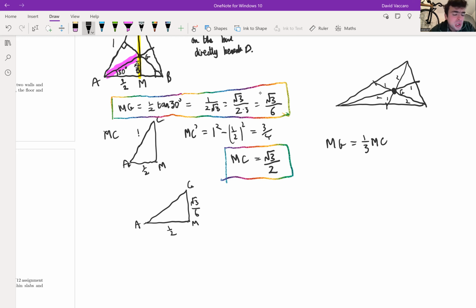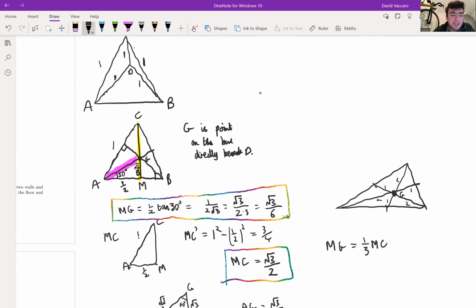We could just note that AG is the other part of the median. So AG is going to be twice √3 over 6, so it's just going to be √3 over 3. Alternatively, we could have noticed that if this angle is 30, this angle is 60, and then used cosine of 60. Okay, but we've got that AG is now √3 over 3.